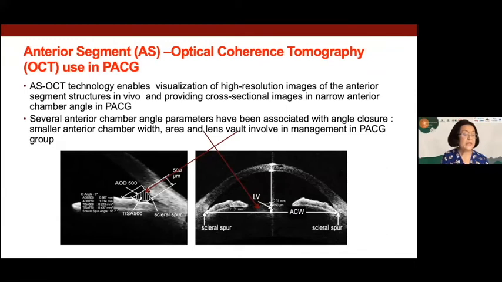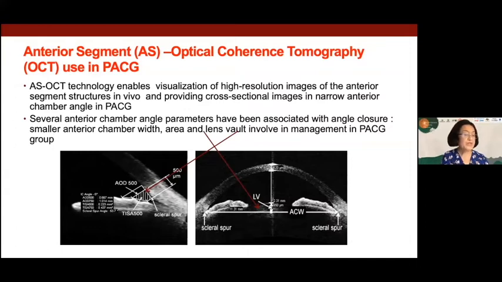The second parameter that can be observed is the lens vault, which is also shortened, as observed in the picture on the right. Another parameter observed in the ASOCT was a reduced TISA 500 area in PACG compared to the normal eye, as shown in the image on the left of the screen.